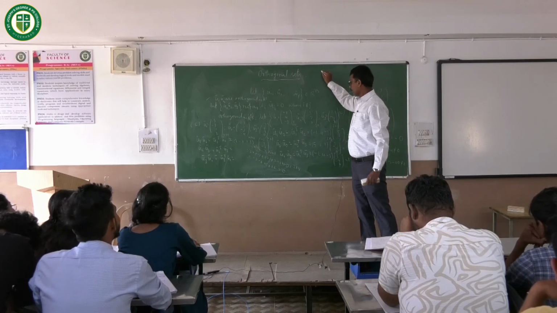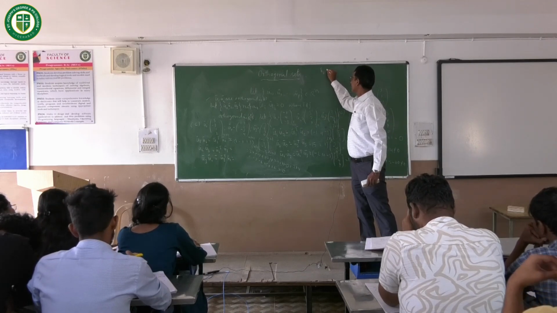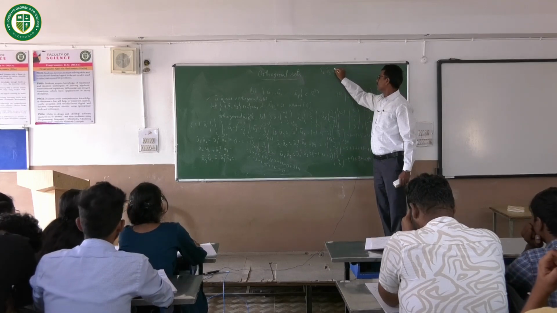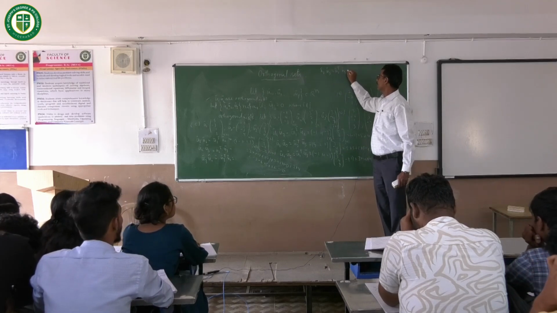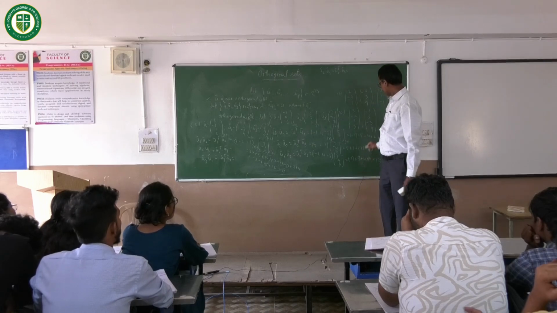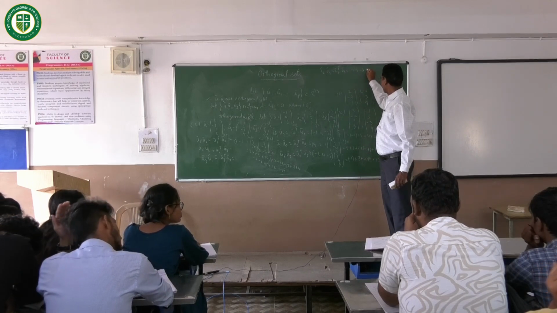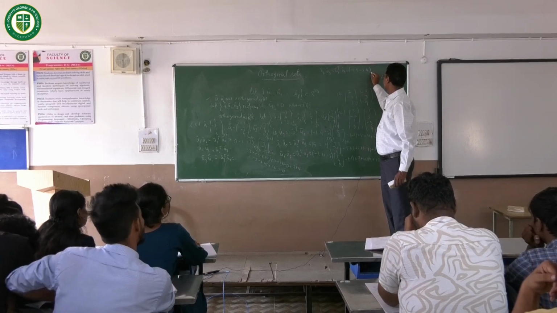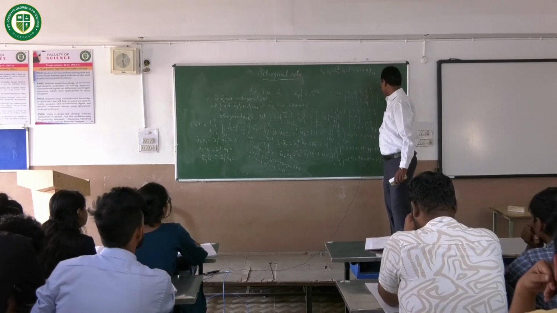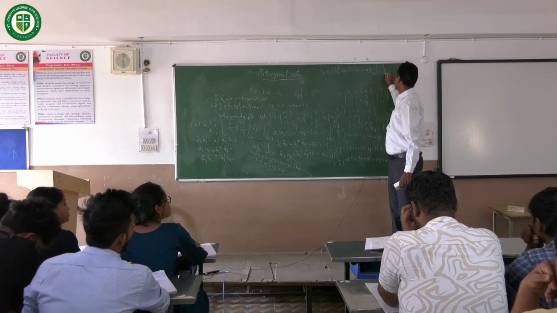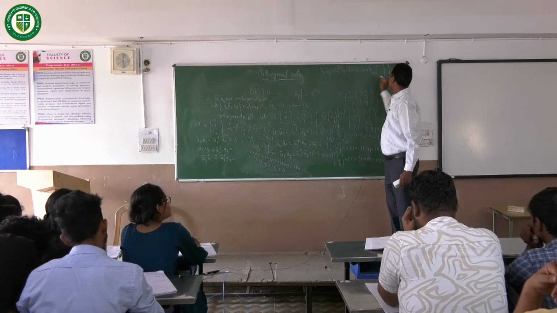So now we'll take u2 bar into u3 bar. u2 bar transpose into u3 bar: u2 transpose is minus 1, 3, minus 3, 4. This is a 1 into 4 row, then u3 is the column 3, 8, 7, 0, which is 4 into 1.